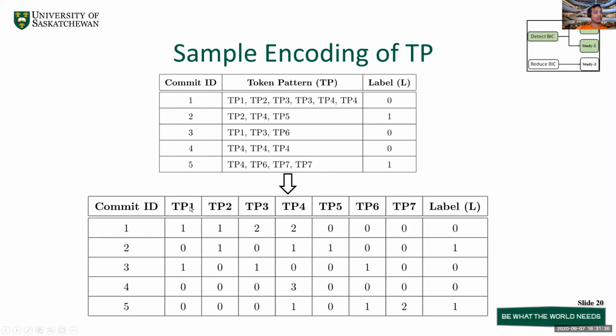Under each column, the count of those patterns is given. For example, in commit 1, TP3 is 2 times, TP4 is 2 times, and in commit 4, TP4 is 3 times. Those counts are put, and those that are not available are given 0. That means 0 represents that those patterns are not available in the commit, and the subsequent number represents that those patterns are available in the commit. Now this dataset could be applied to detect bug-inducing and clean commits using machine learning models.